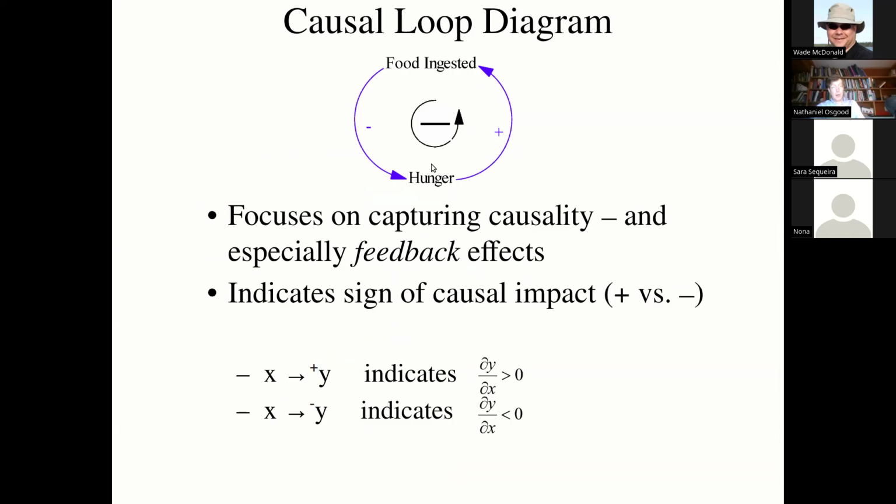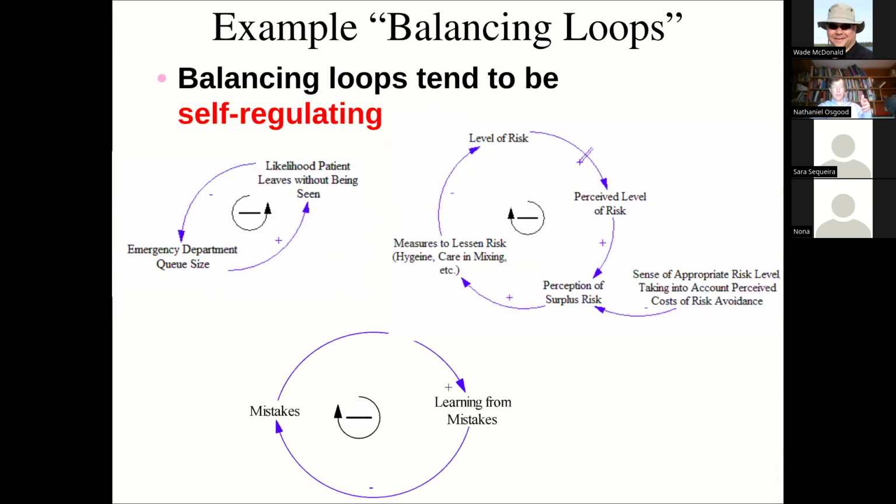Because if hunger goes up, then food ingested will tend to go up, which will in turn tend to decrease hunger compared to what it would have otherwise been. In other words, it pushes back on the original change. We raise hunger, we eat, it lowers our hunger. It's a self-stabilizing, regulatory loop. It limits the change caused by the original push.